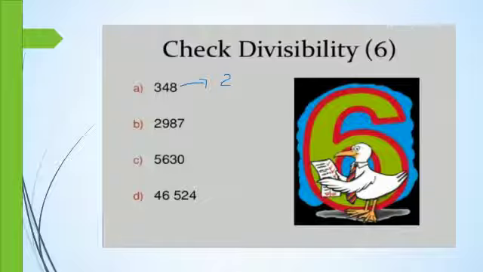Now we will check the divisibility of 3, and for that purpose we will add all digits. 3 plus 4 is 7, 7 plus 8 is 15. So 15 is a multiple of 3, so we will say that it is divisible by 3. As we have already discussed, if a number is divisible by 2 and 3 both, then we will say that it is divisible by 6.